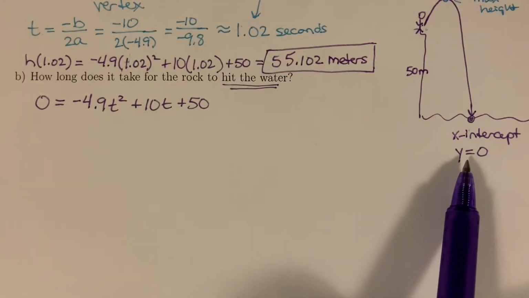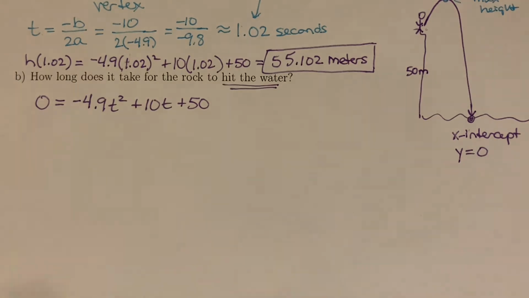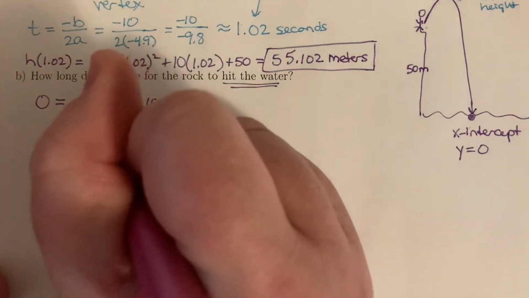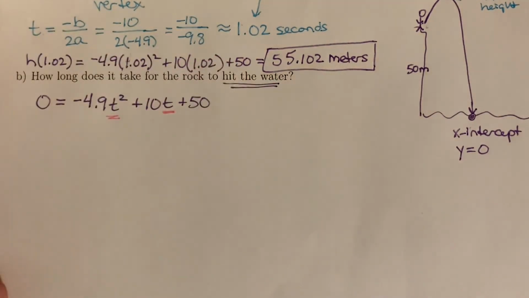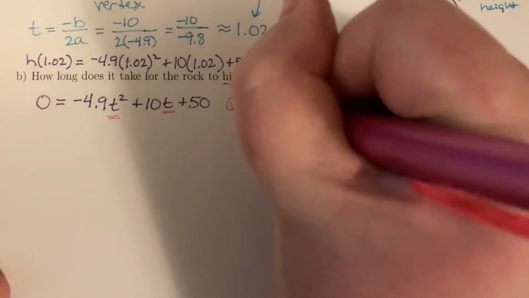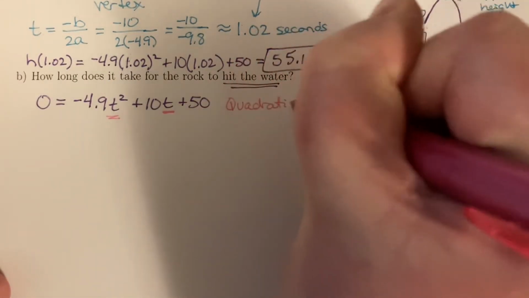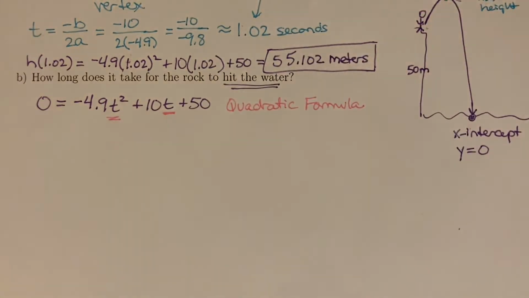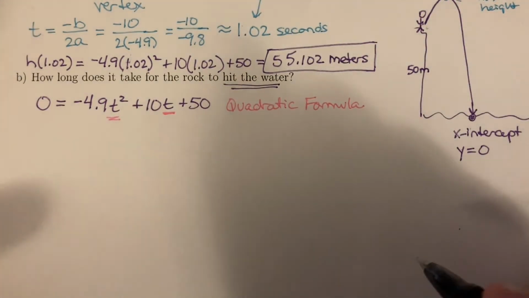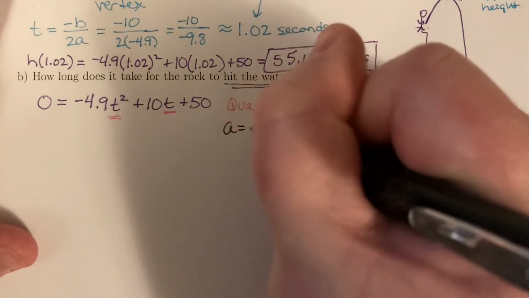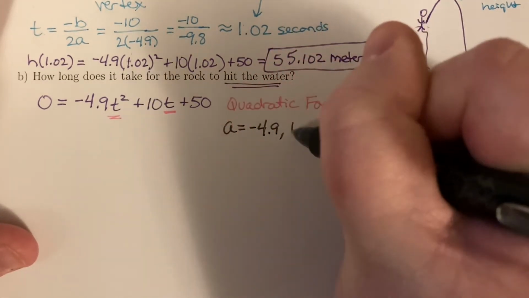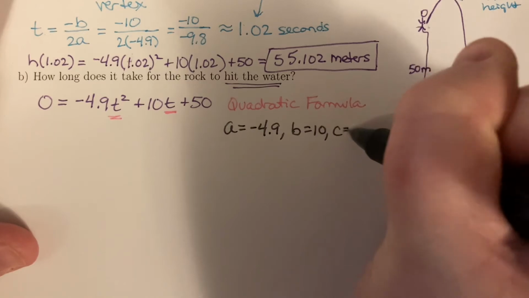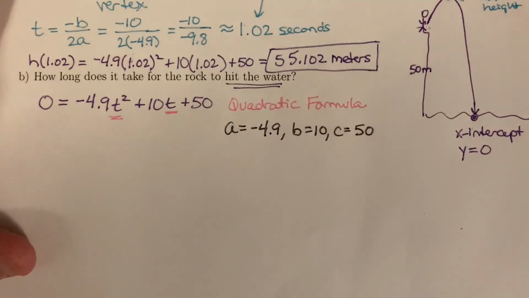Well, x-intercepts we've seen are harder to find. And especially when you have both t squared and t, that means we need the quadratic formula. I can't just square root both sides. I gotta use it. In this quadratic formula, a is negative 4.9, b is 10, and c is 50.